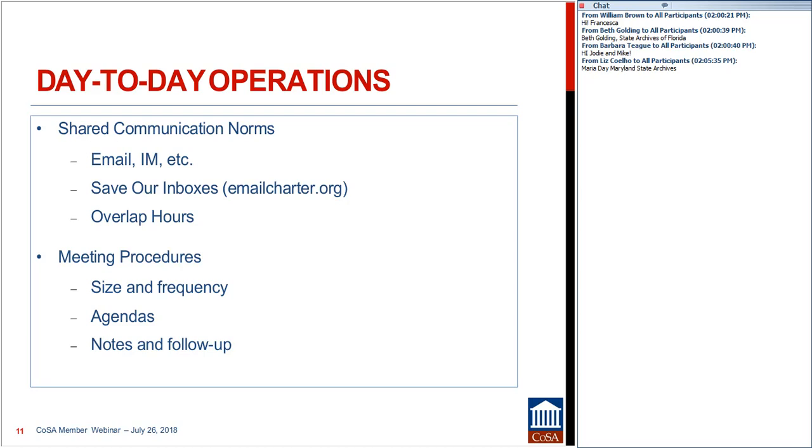And so you may set a set of shared communication norms that everyone agrees to that will help you spend, again, more time on the work and less time on playing traffic cop as a project manager, or having everyone spend a third of their day dealing with their email as opposed to doing their work.